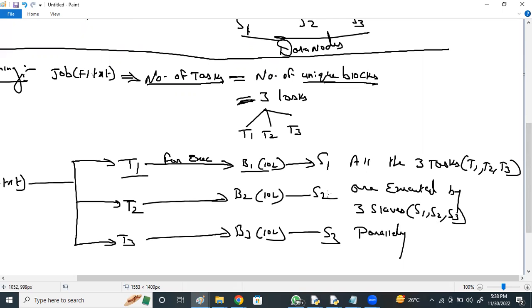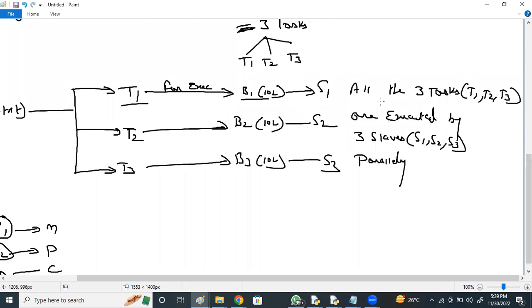Yes. All the 3 tasks are executed by the 3 slaves parallelly.